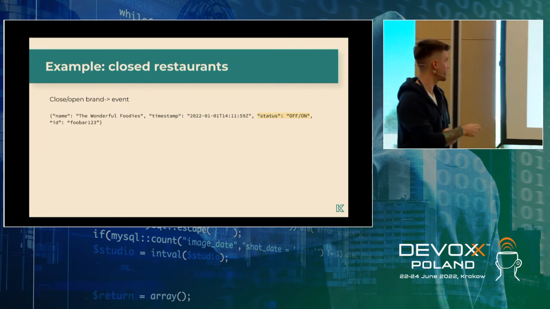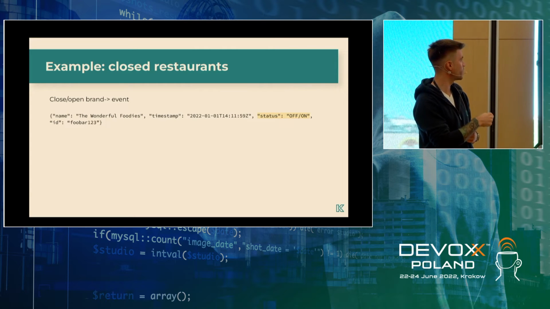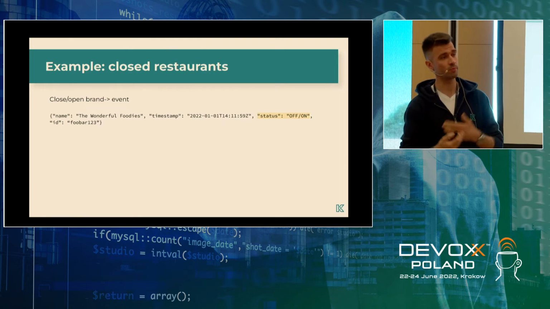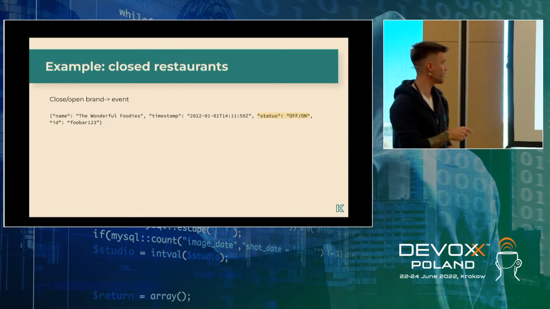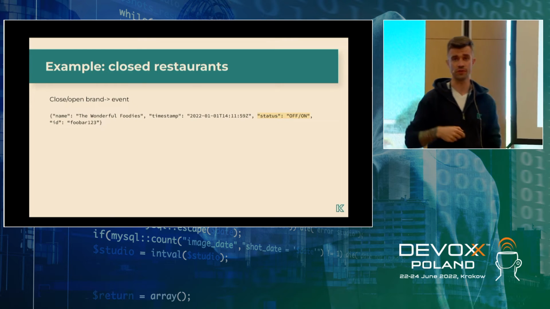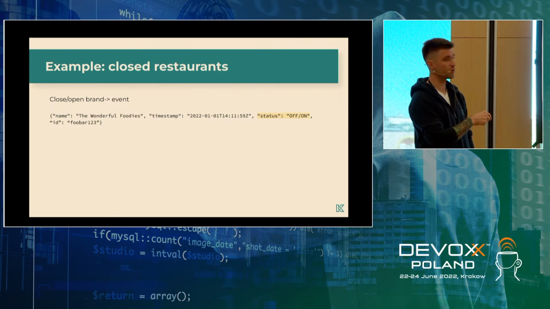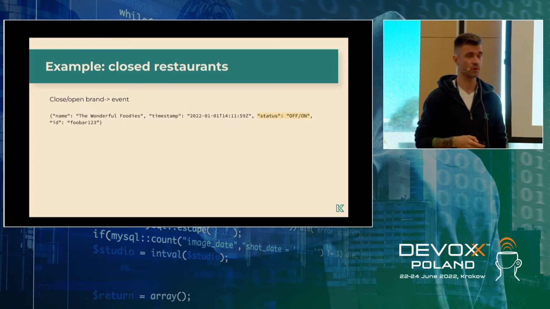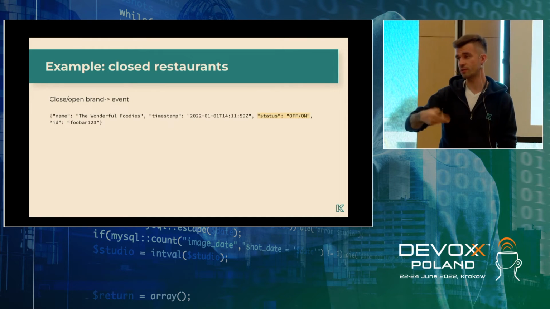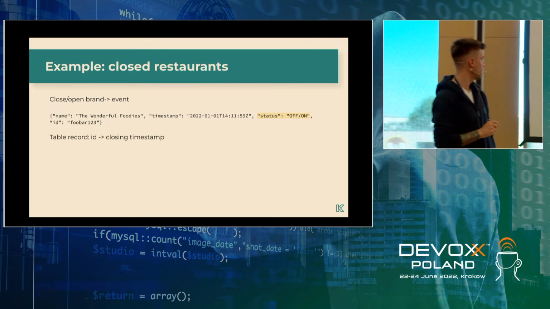In our case, I'm not sure if you see it, but on Kafka, upon closing or opening a restaurant, we are producing an event which contains the status, whether we are opening the restaurant or closing it, and some timestamp, and of course the ID and the name of the restaurant. So each time the restaurant has been opened or closed, we change its status and send a message on Kafka.